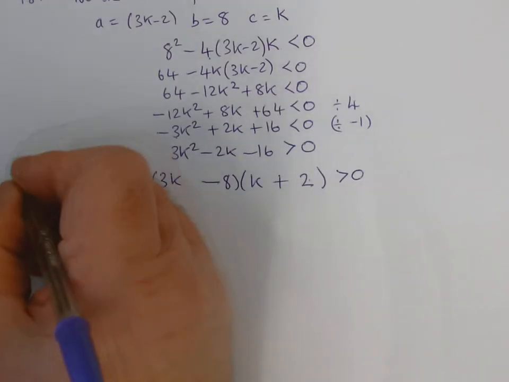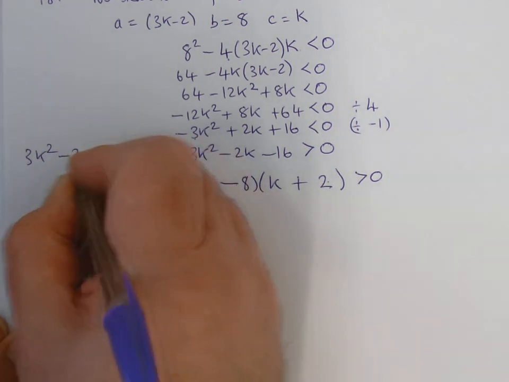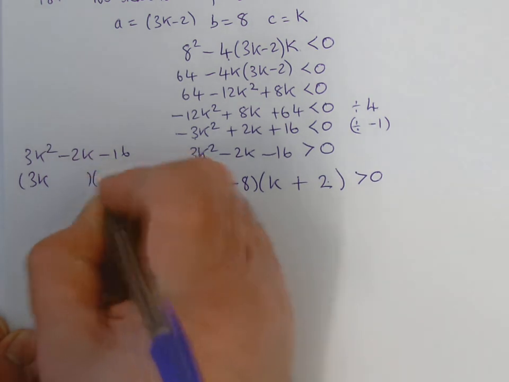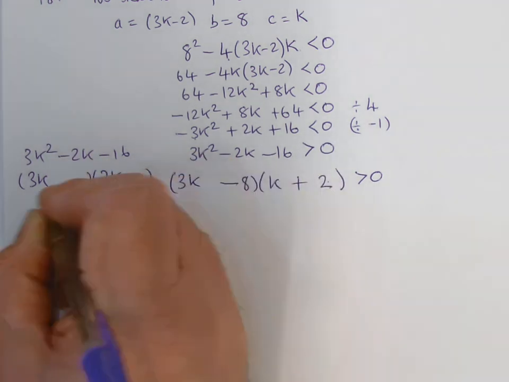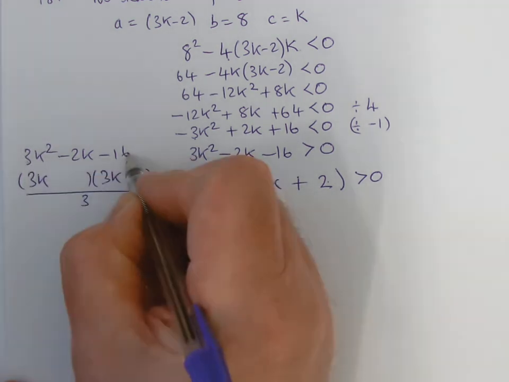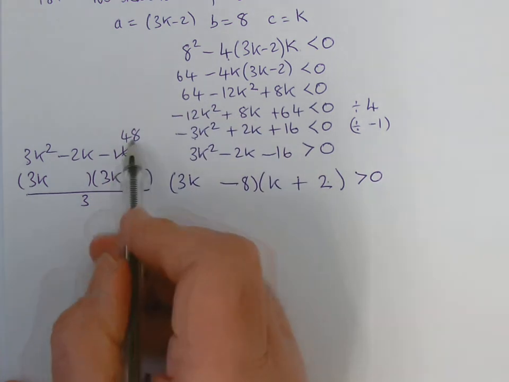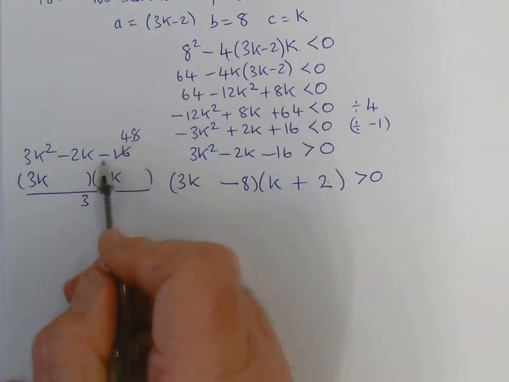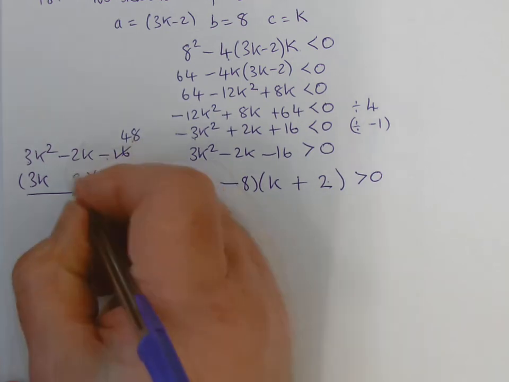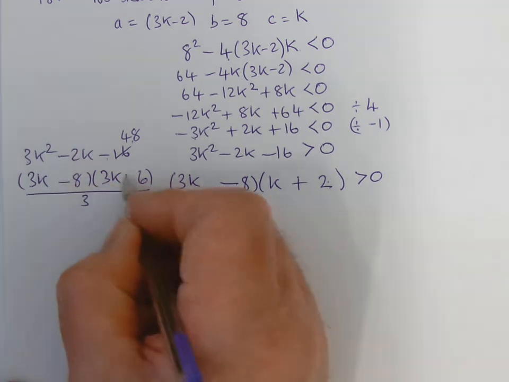Another method to factorize 3k squared minus 2k minus 16: I can also factorize it like this, 3k in each bracket, all over 3, and I multiply 3 times 16 is 48, and then I look for two numbers that multiply to make 48 and subtract to give 2, so that would be 8 times 6, and to get minus 2 would be minus 8 plus 6.